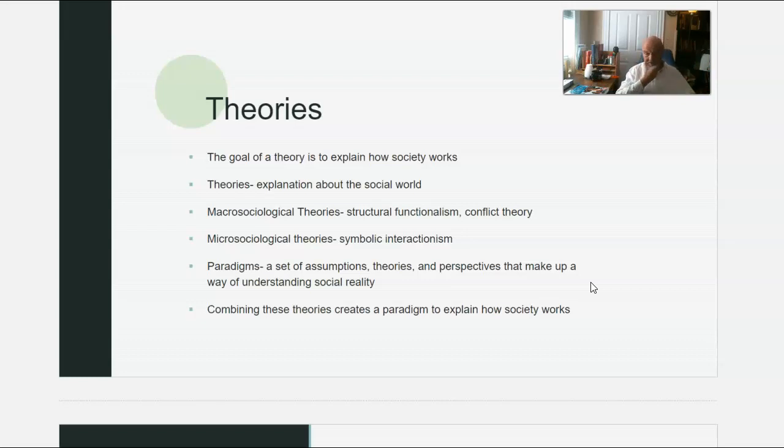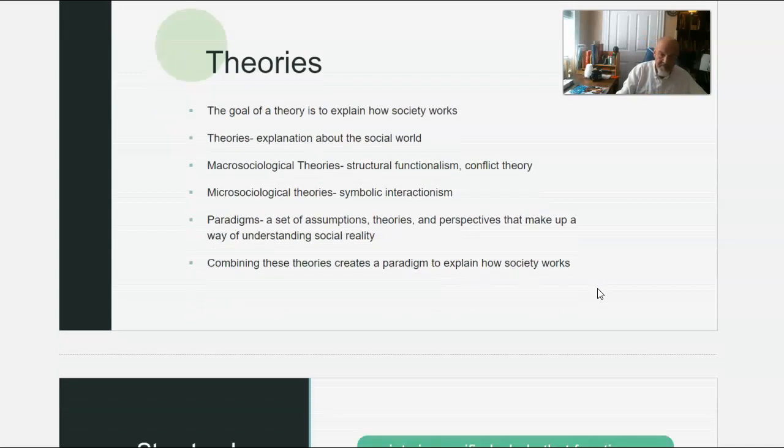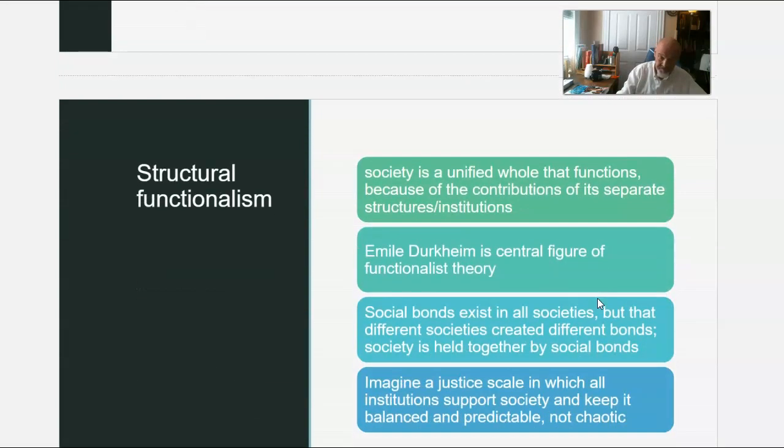That would perhaps be a conflict theory. Combining these theories creates a paradigm to provide a systematic narrative through which we can test explanations about how society works. So let's look at these 3 basic sociological paradigms.